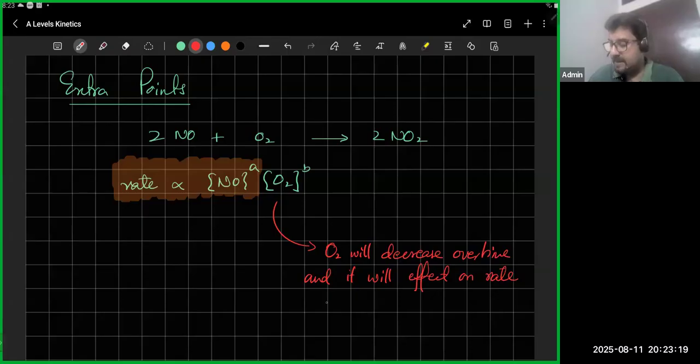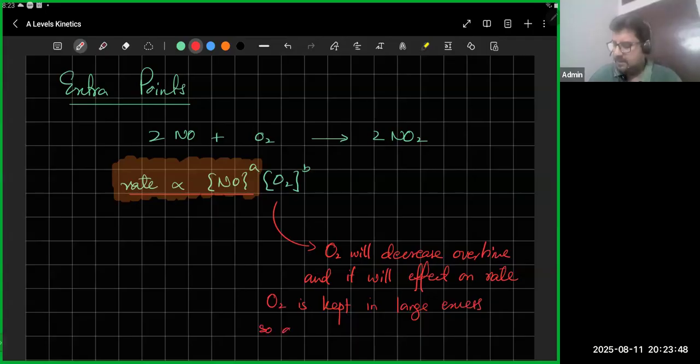The way you're going to prevent that is that you're going to keep O2 in large excess. यानी अगर सिर्फ ये relationship आपने find out करनी है, if this is the only thing you're trying to investigate, and you want O2 to have nothing to do with this, so O2 is kept in very large excess.